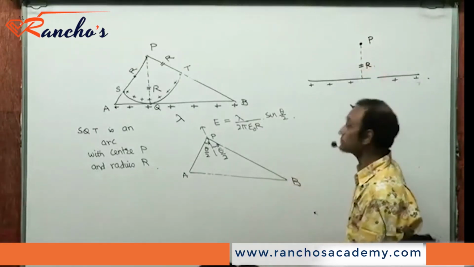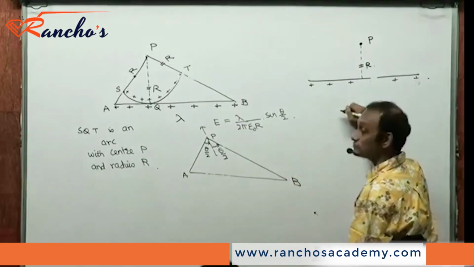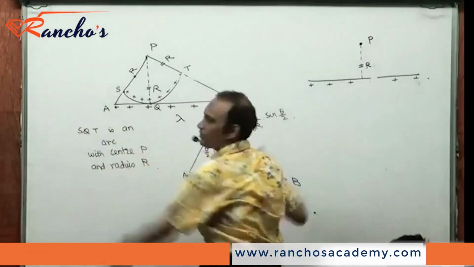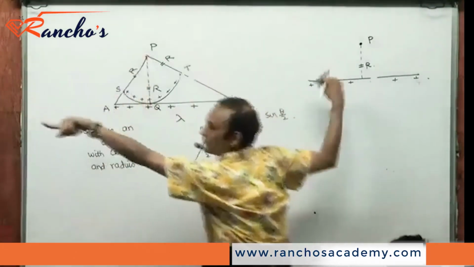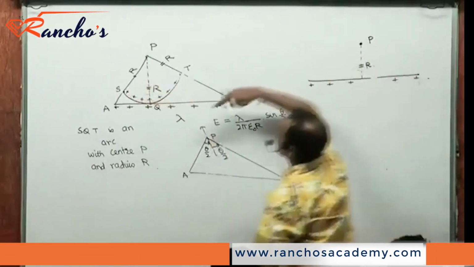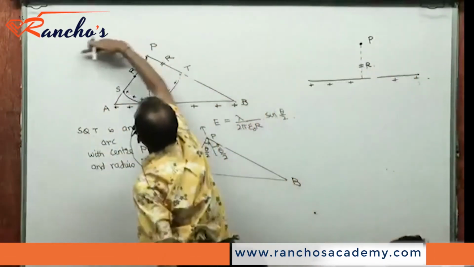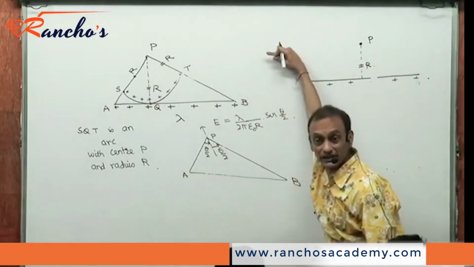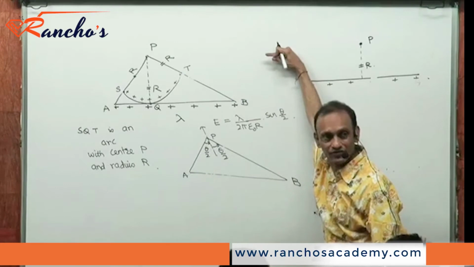Do you realize that A and B are really far away from each other, and very far from P? That means PA will be practically parallel to AB, and PB will also be practically parallel to AB, yes or no?